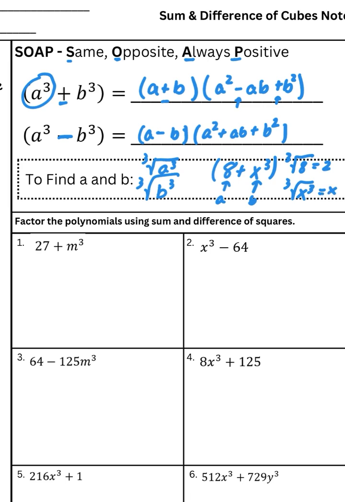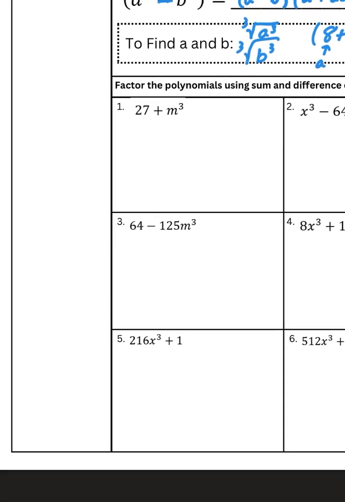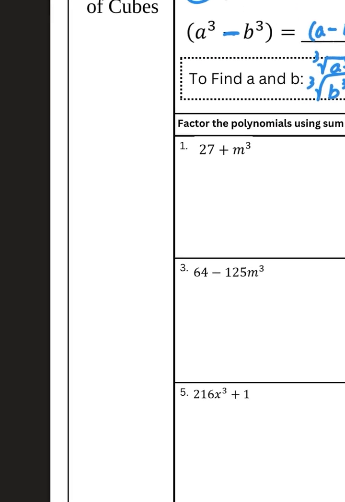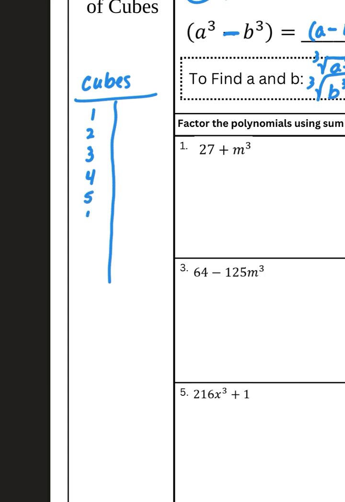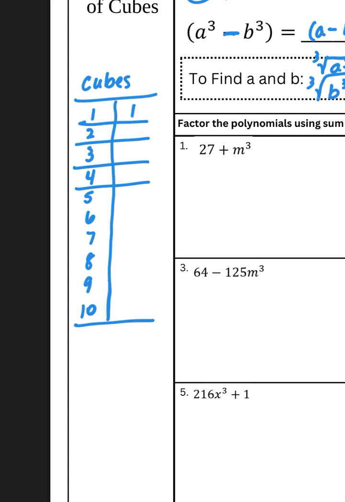Okay? So easier said than done, I know. So over here in your notes, I would make a little chart of your cubes, just so you have it. So I'm going to do 1 through 10. 1 cubed is 1. 2 cubed is 8. 3 cubed is 27. 4 cubed is 64.